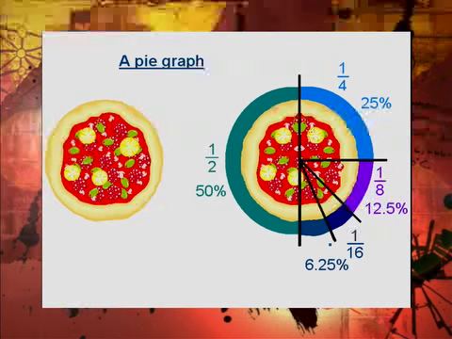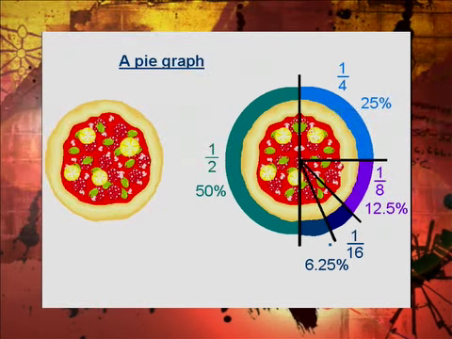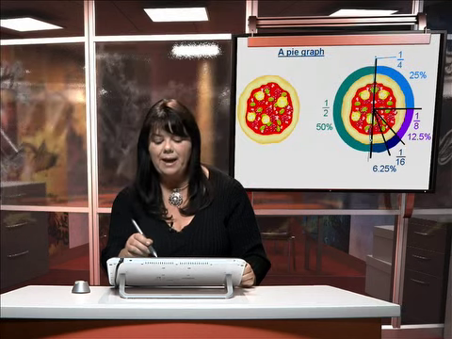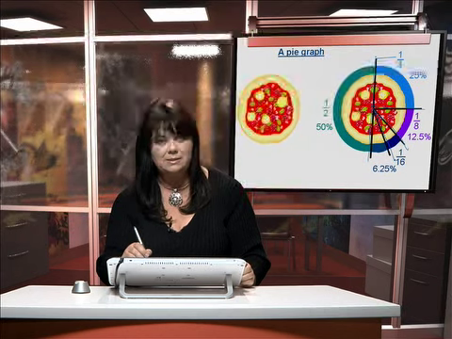The next type of graph that we're going to look at is a pie graph, and I think it's wonderful where it gets its name from. It comes from a pie, and a pie is a circular item of food that we cut into segments or sectors. And in exactly the same way, a pie graph, if you have a look here, it shows us that the pie graph is cut into sectors or segments.